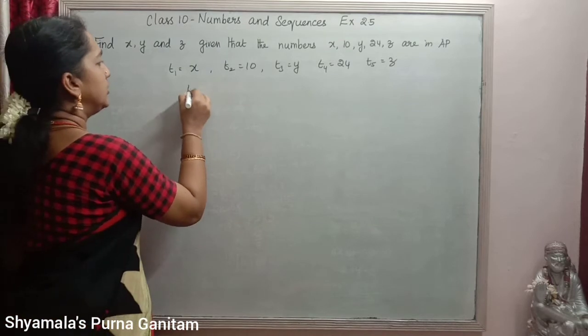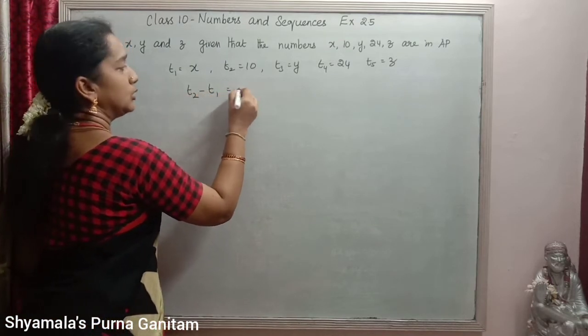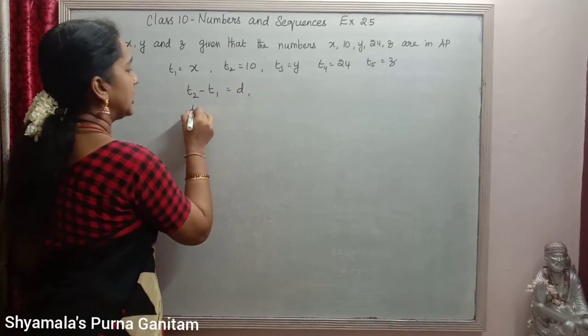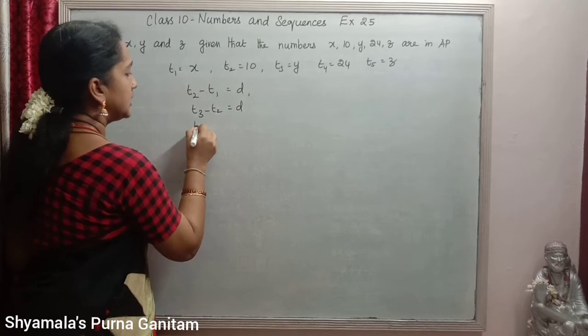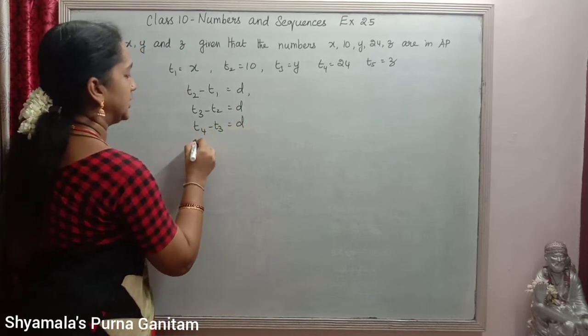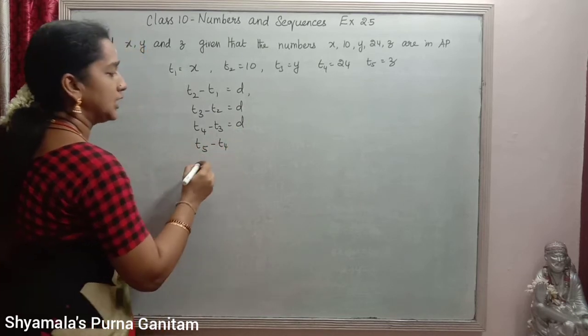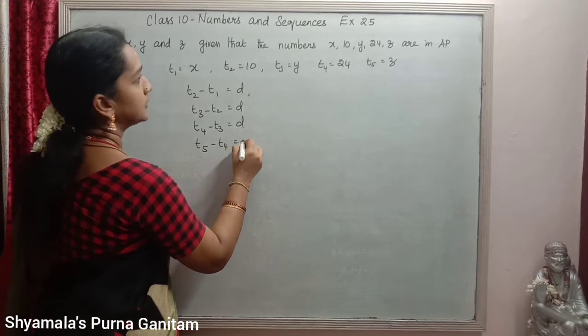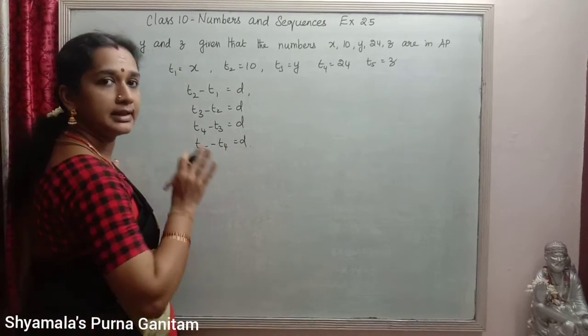So now we know that T2 minus T1 is equal to D. Same way, T3 minus T2 is equal to D. Then T4 minus T3 is equal to D. Then T5 minus T4 is equal to D. So all these things we know that it is D.